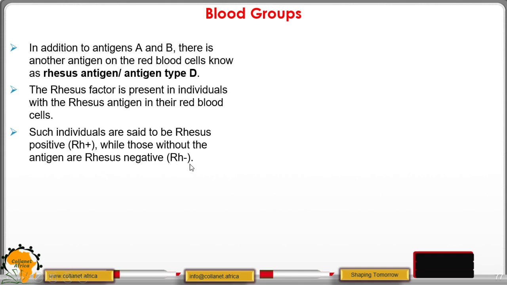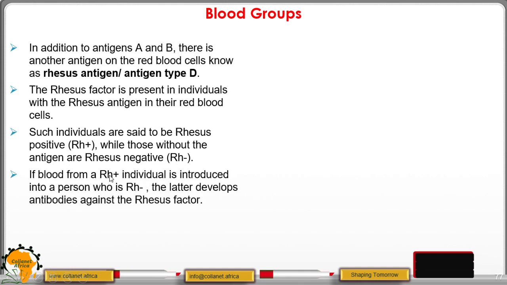If blood from a Rhesus positive individual is transferred into a person who is Rhesus negative, this person develops antibodies against the Rhesus factor.